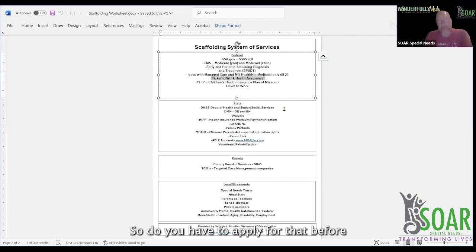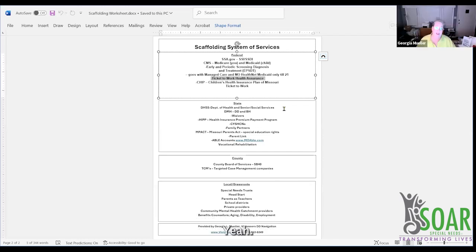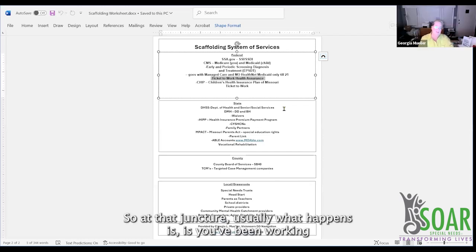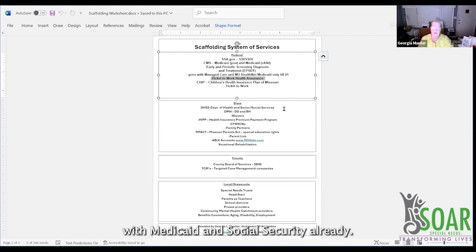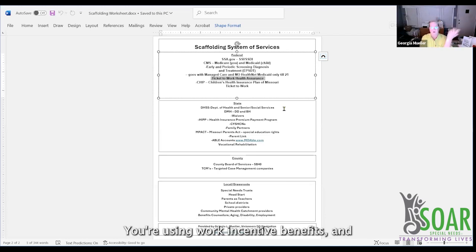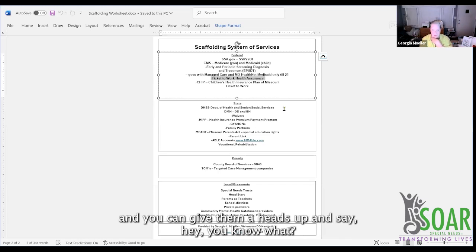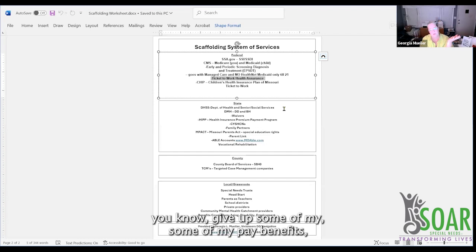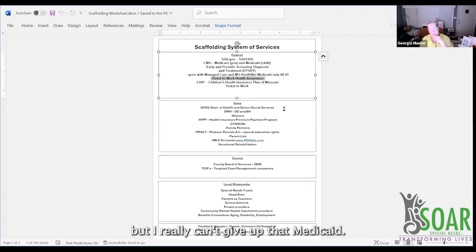So do you have to apply for that before getting off Medicaid, or how does that part work? Yeah, at that juncture, usually what happens is you've been working with Medicaid and Social Security already. Mostly you've been working with Social Security at that point, using work incentive benefits, and hopefully you can see it coming, and you can give them a heads up and say, hey, I got to this point now where I know I'm going to have to give up some of my pay benefits, but I really can't give up that Medicaid.